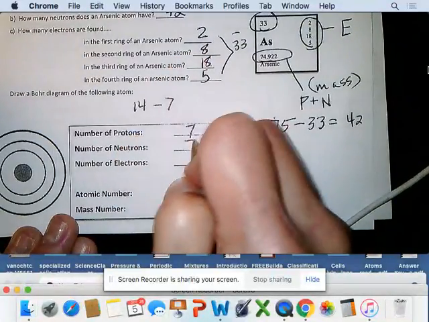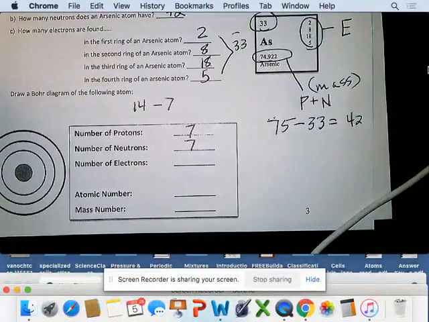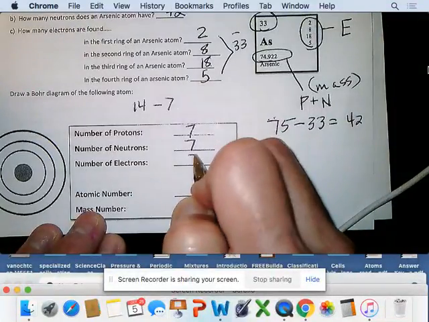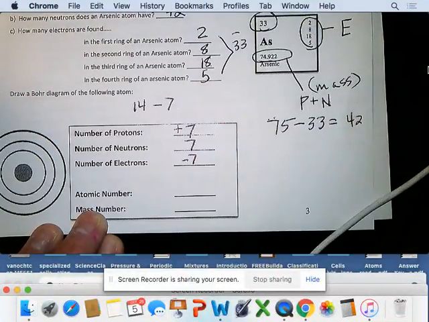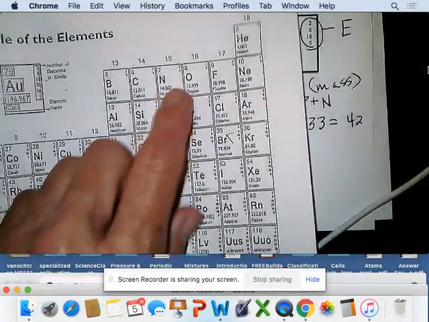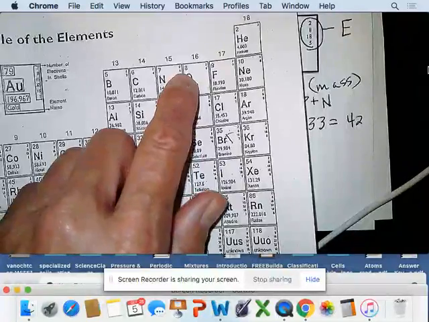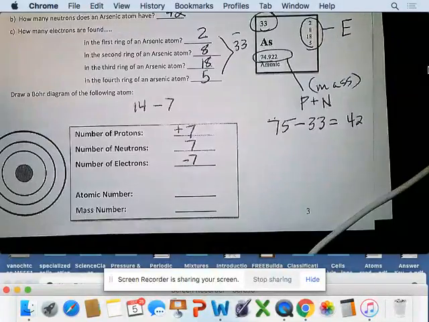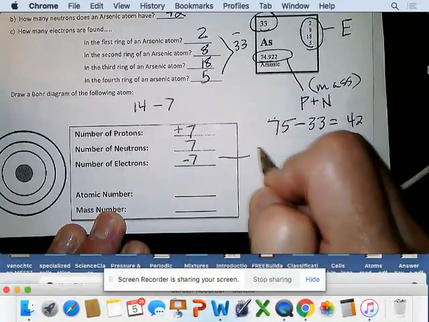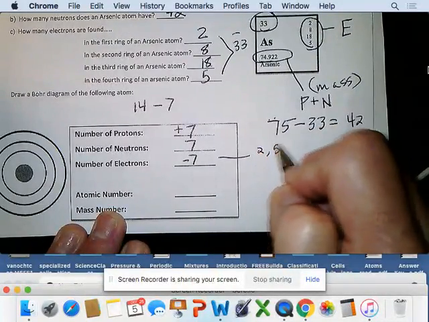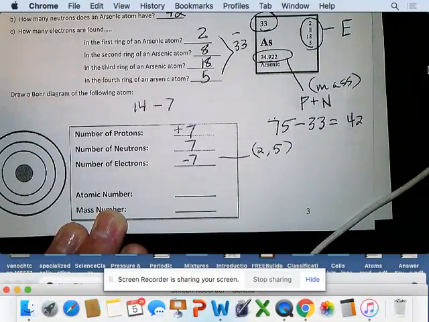So the average nitrogen atom will have 7 neutrons. And then the electrons we're going to have is going to be 7. And it tells us in this chart that 2 go in the first ring, 5 go in the second ring. Okay? So for my electrons, I might want to write 2, 5, so I know how to draw my atom.